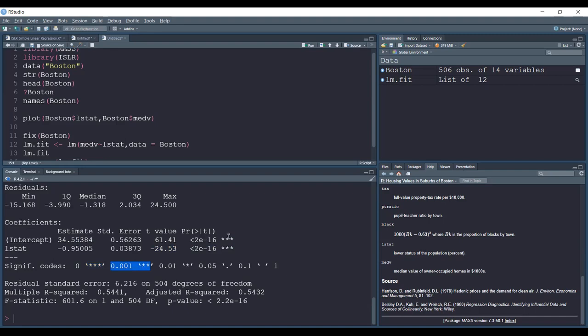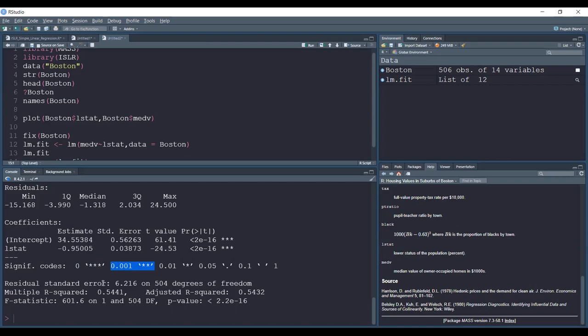If it's a double asterisk, you would reject at the 0.1% cutoff. 3 asterisks means we're even more confident. We more confidently reject the null hypothesis than if we only had 2 asterisks.